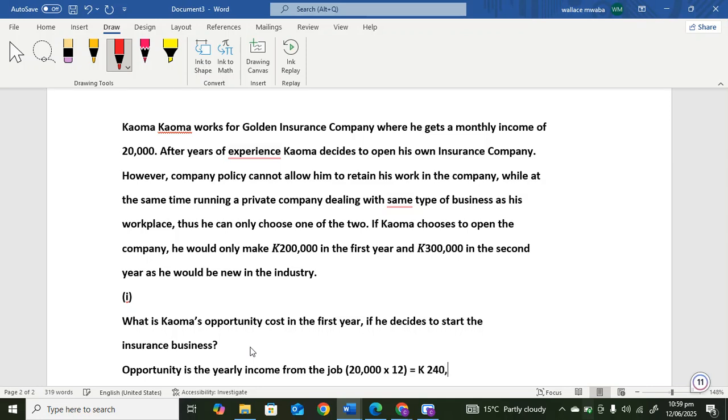Yes, 240,000. So this is his opportunity cost. He's given up this 240,000 for choosing to start the business. Any questions?